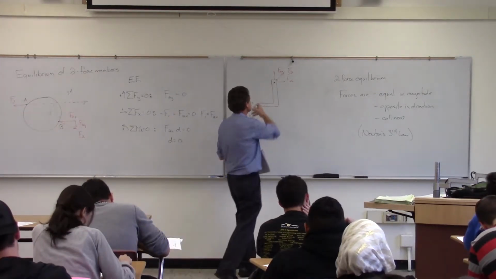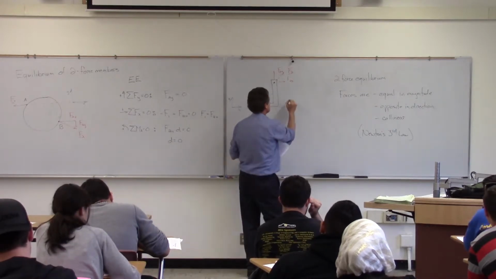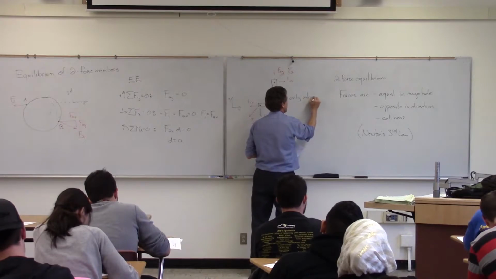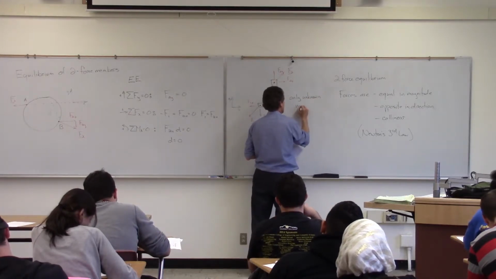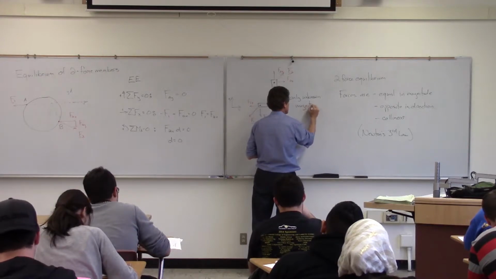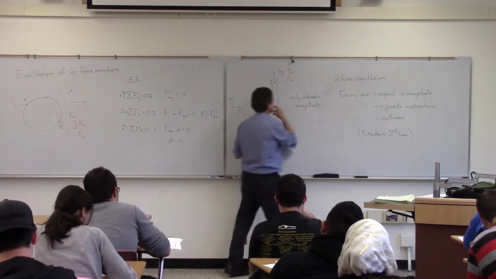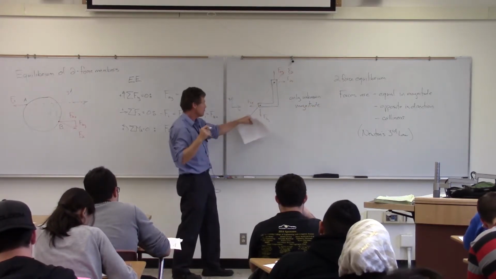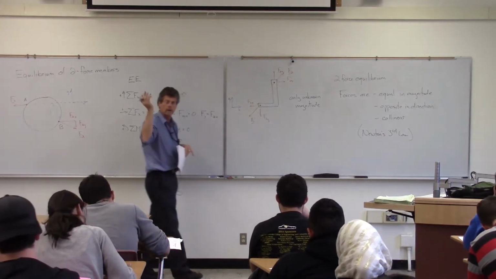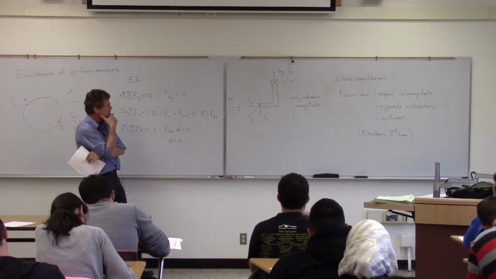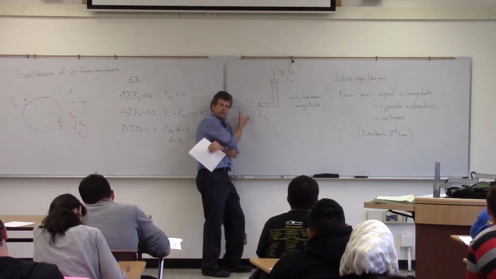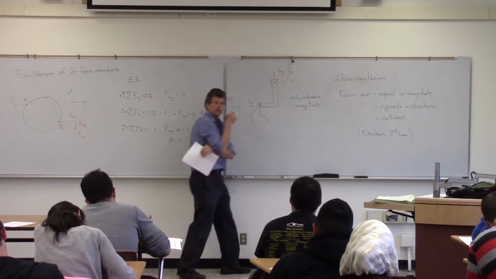The only thing I don't know now is this magnitude. And if I solve for this one, I've got this one already, because I know it's going to be equal, opposite, and on that same line. So if I solve for F1 somewhere else, I've already got F2 solved for.